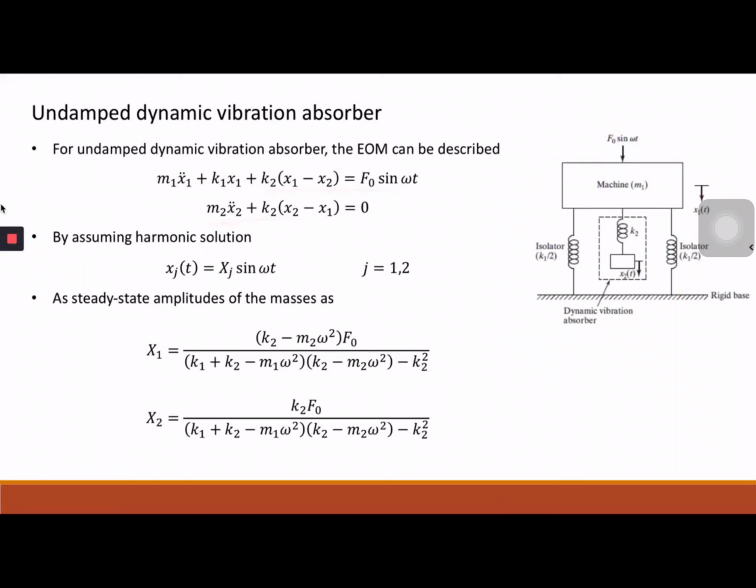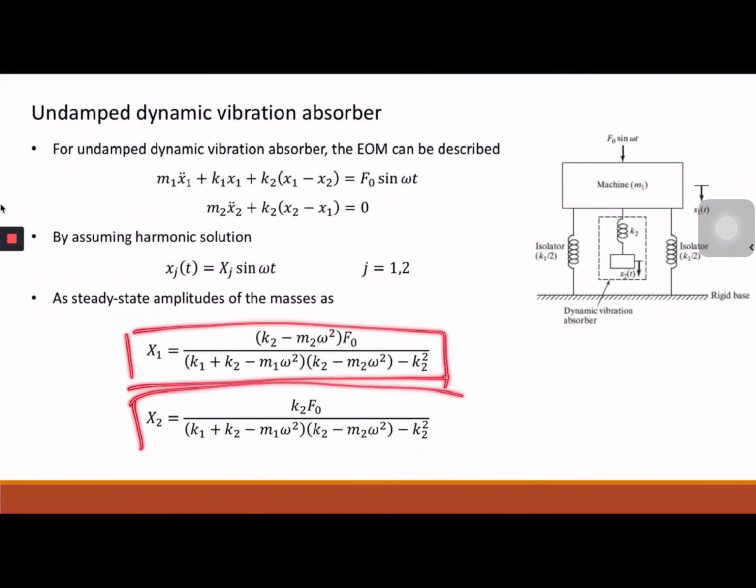Assuming harmonic motion, the particular solution will be this one. Since this is a 2 degree of freedom system, we have the first one and the second one, that's J1 and J2. For the steady state amplitudes of the masses, x1 and x2, we can apply the same method as before.